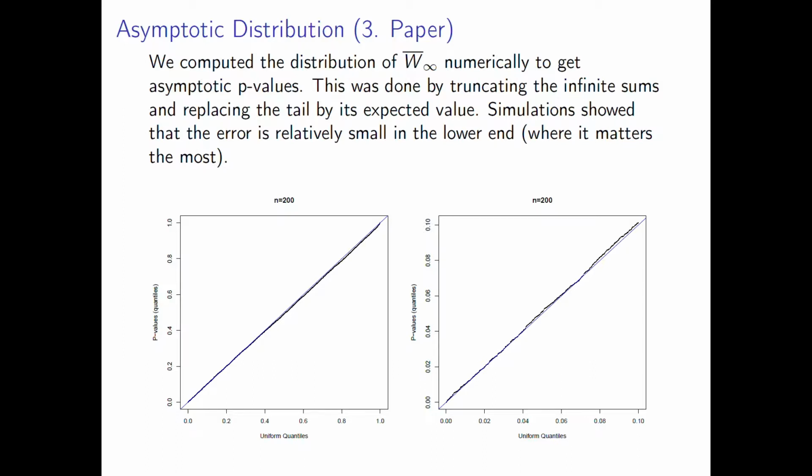But when the p-value is 0.05 or around that area, that's when we want the p-value to be exact and the error to be small. So these plots about quantiles show exactly that.